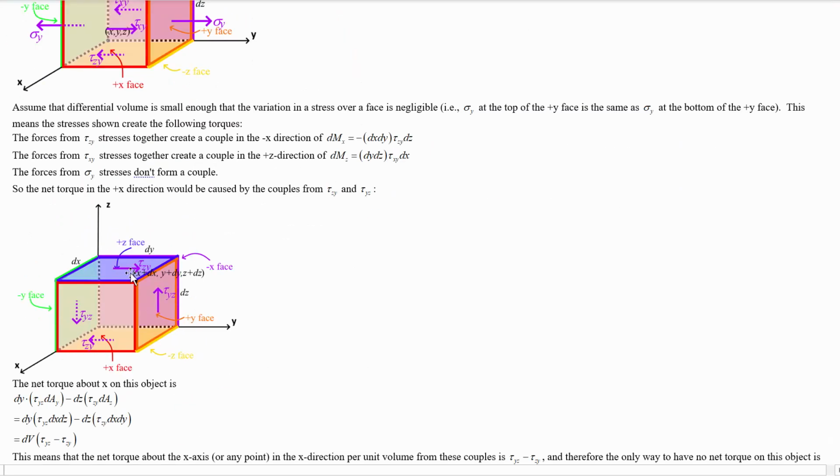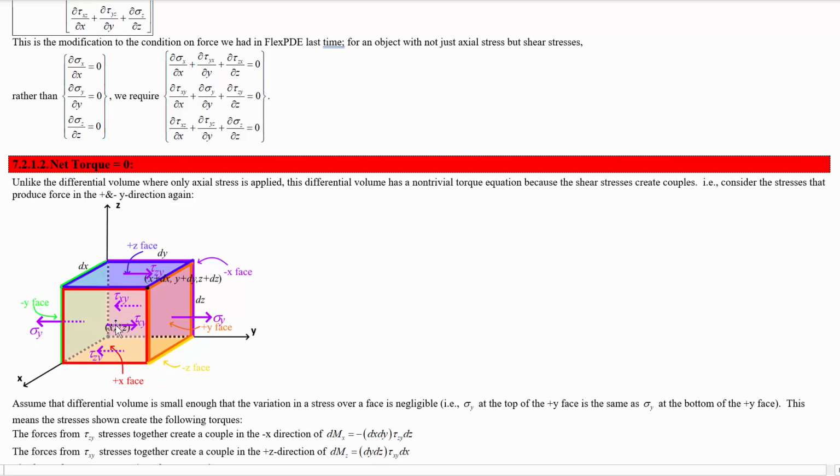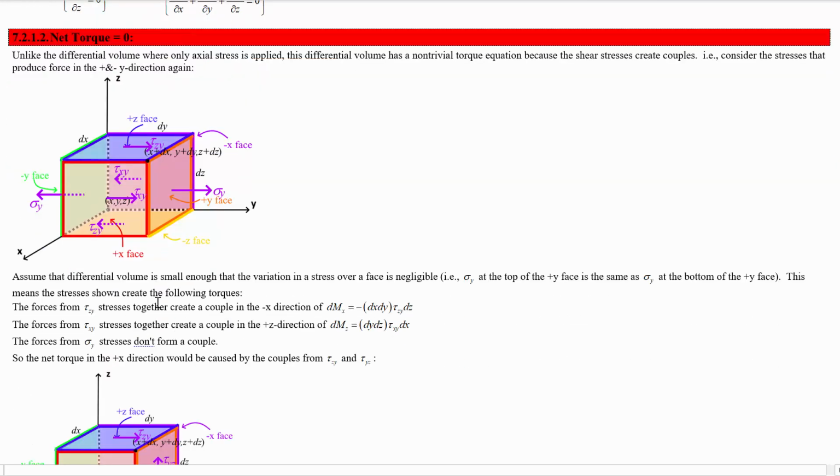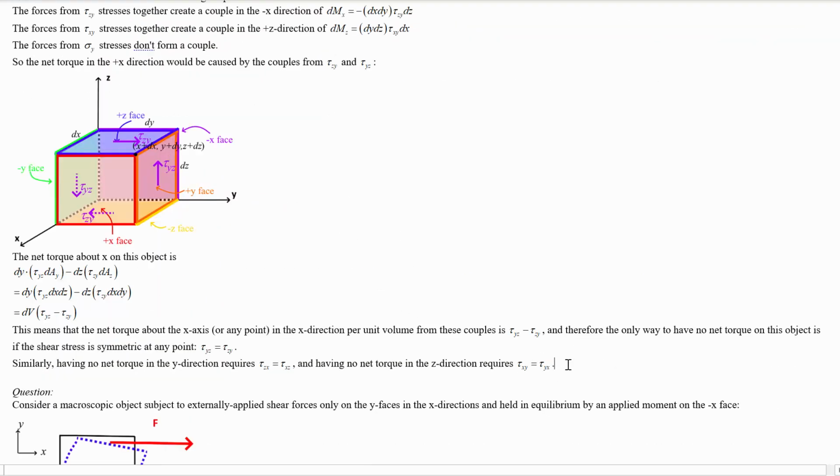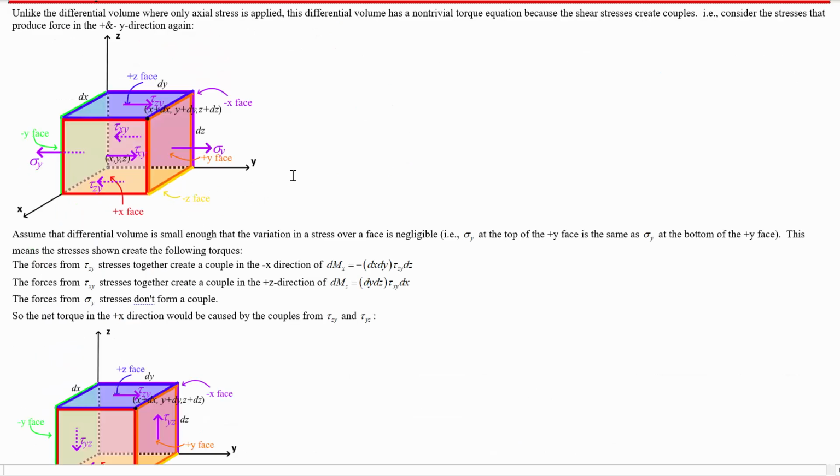The reason that the xz shear stress is equal to the zx shear stress, for example, is because the only moments in the y direction produced on this thing are from those pairs of shear stresses. And if you want there to be no net torque on this object, if it's in static equilibrium, then you have to have that those two stresses are equal for the net torque in the y direction on this infinitesimal volume to cancel.